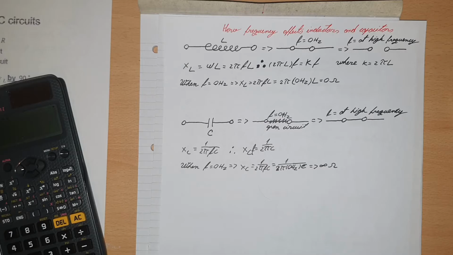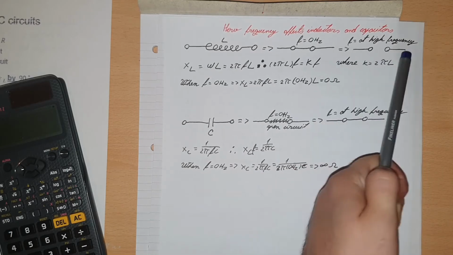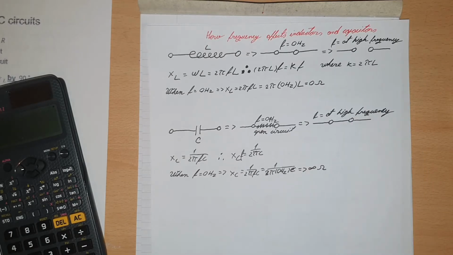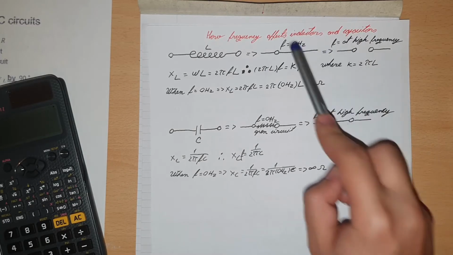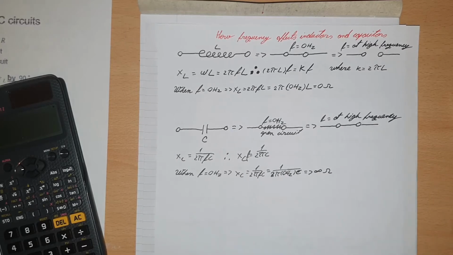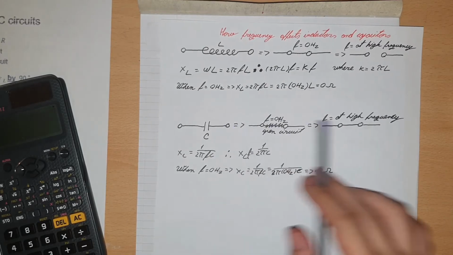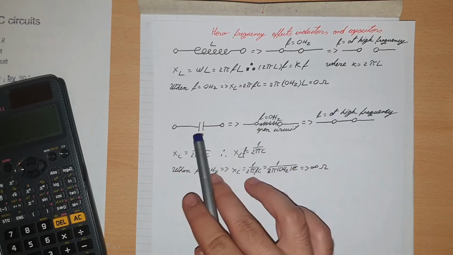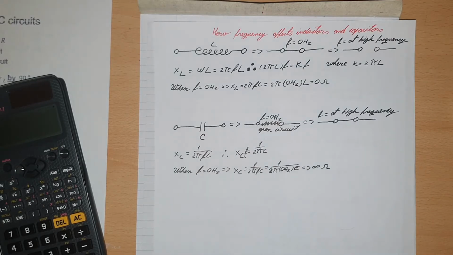So you can actually make filters with inductors and capacitors where one path is closed inside an inductor because there will be no current going through it. So when it's a high frequency, one path is closed while the other one is open for C for the high frequency to go through. However, it can also be the opposite: when it's a very low frequency, the path with the capacitor is closed while the path with the inductor is open.